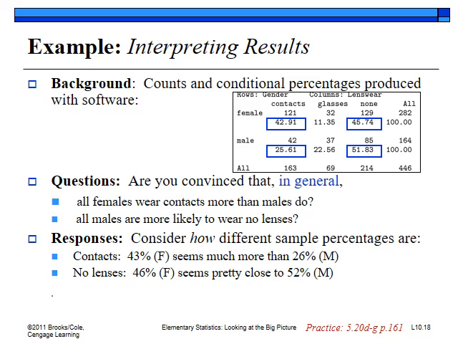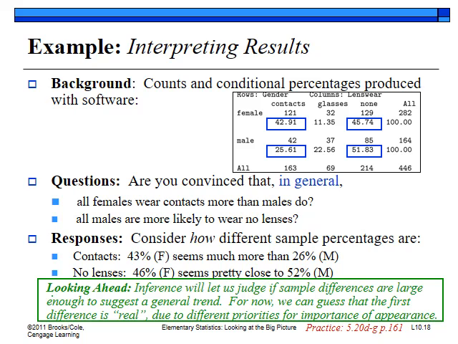This is really a question of inference when we're going from a sample to the population. Later on in the term, we'll look at how to use the sample size to put a numerical value on the difference between these two percentages and use that to decide whether our evidence is convincing.